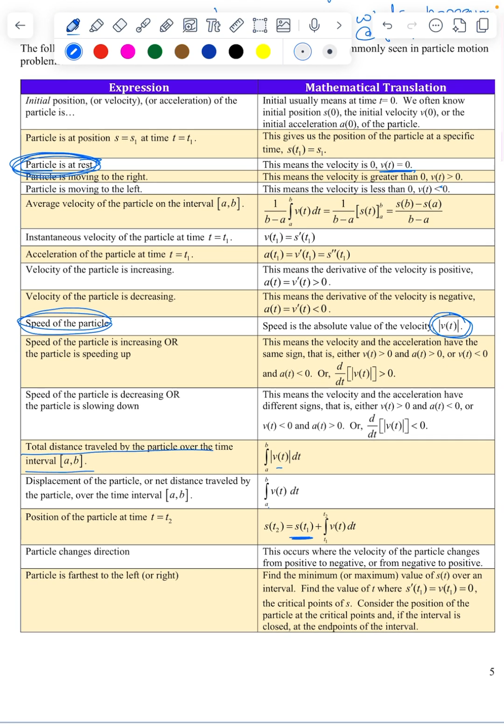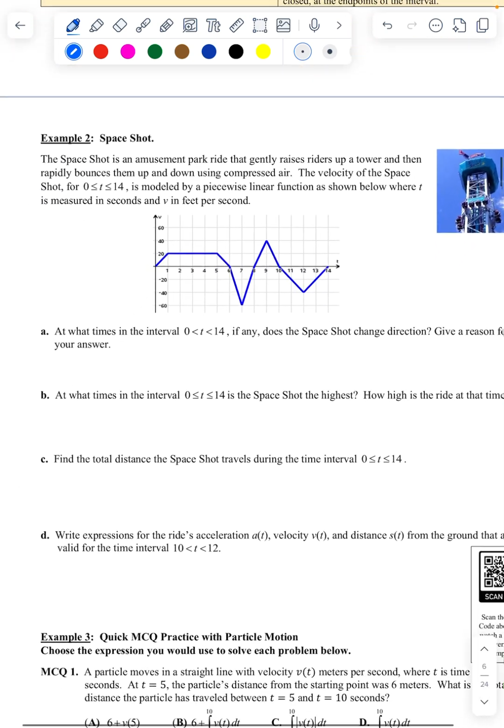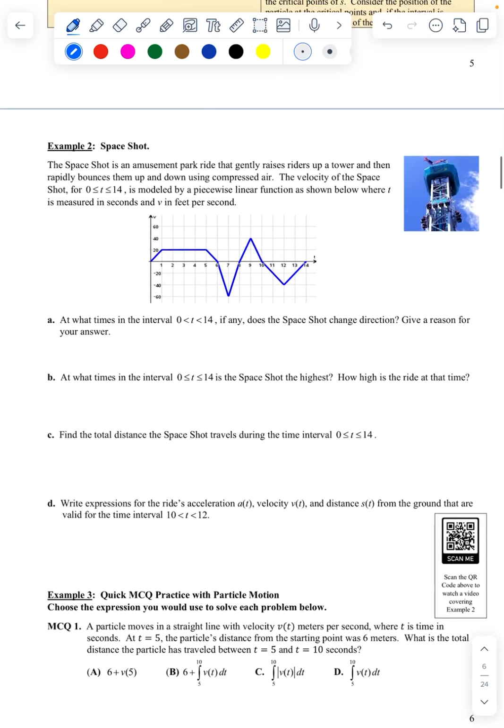All right, so this is all of the ways that they can ask you about particle motion when it comes to integration or deriving. So let's review. You notice that these questions are very similar to what we did in Unit 4. The only added part is the idea of integration.